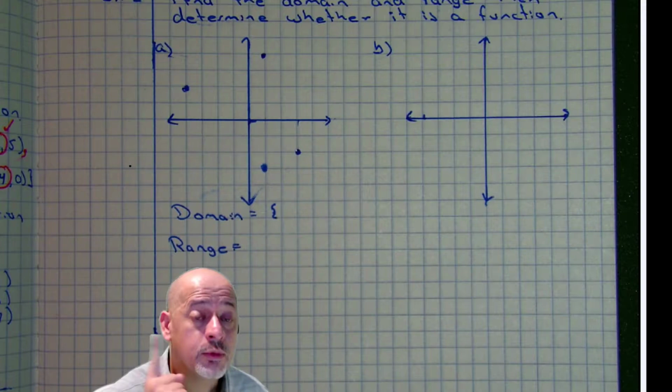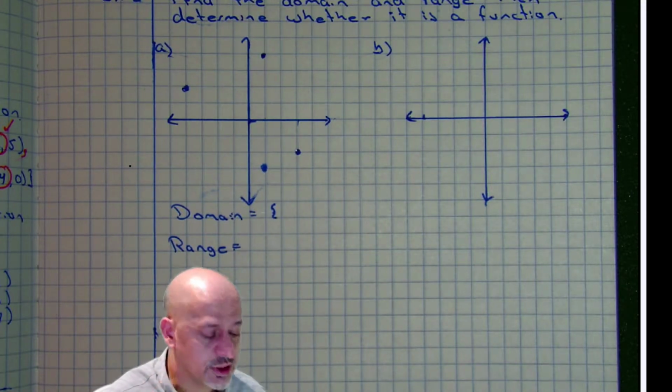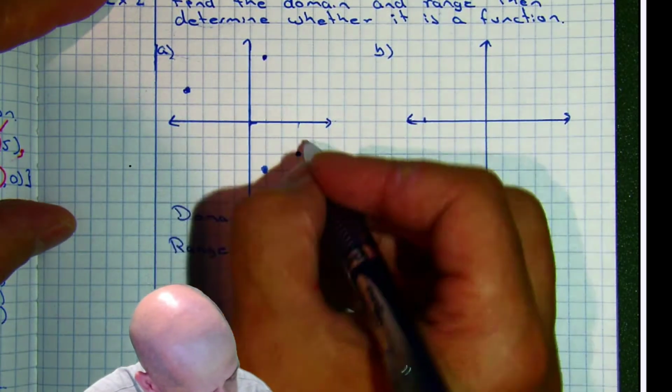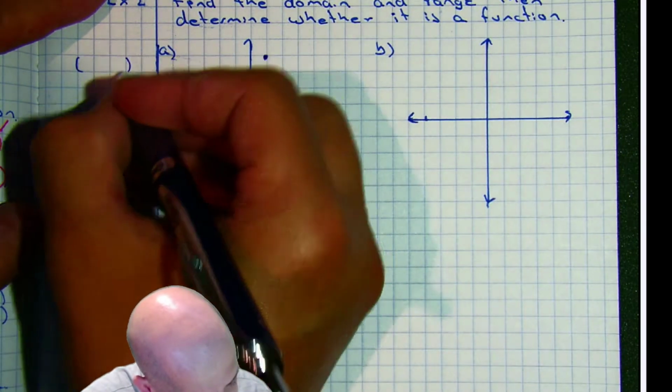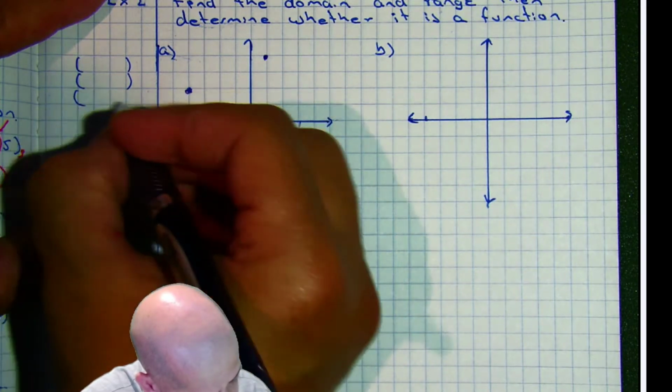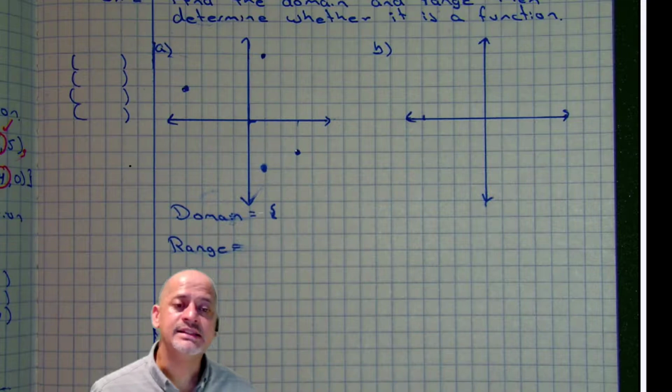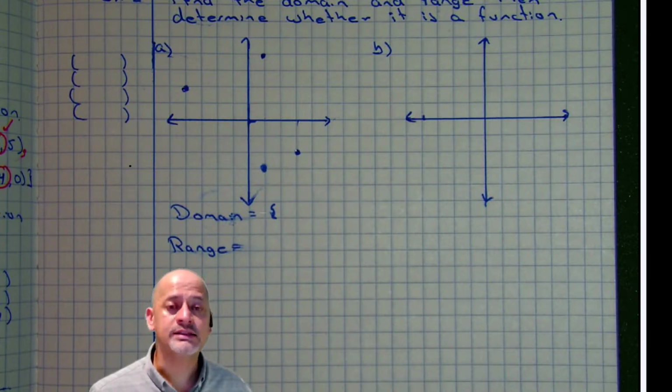What I'm going to do, I'm going to write down the location of the points on the left-hand side so I have more space. So I have 1 point, 2 points, 3 points, 4 points. So go ahead and write them down and see what is the domain and what is the range.